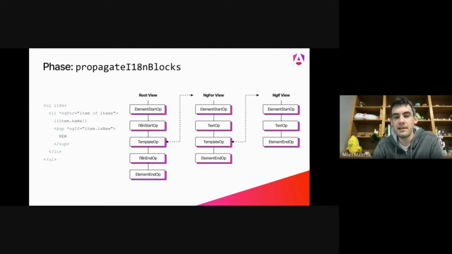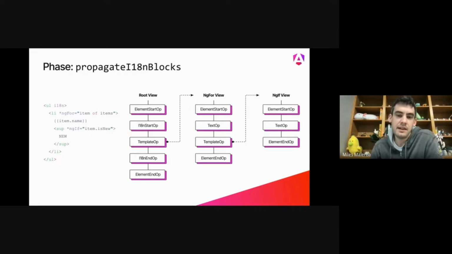Inside of that, a template op, because all of this star ngFor stuff, as Dylan explained earlier, goes in its own view. The template op links us over to that other view. After the template, that's the end of our I18N block, and then the end of our element. Pretty straightforward.